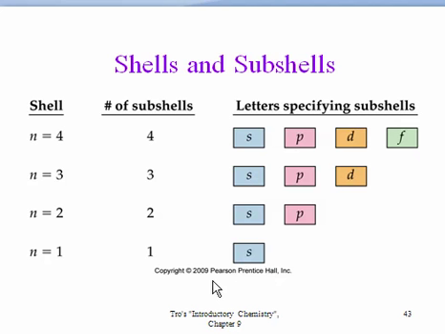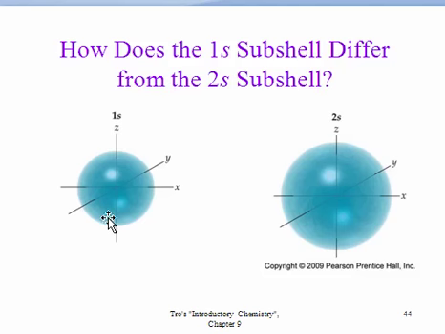Now, what is the difference between a 1s subshell and a 2s subshell? The 1s, because it's in the first energy level, is closer to the nucleus, and the nucleus is going to be at the center of this Cartesian coordinate system. The 2s also has the spherical shape, however, it's going to be farther from the nucleus.